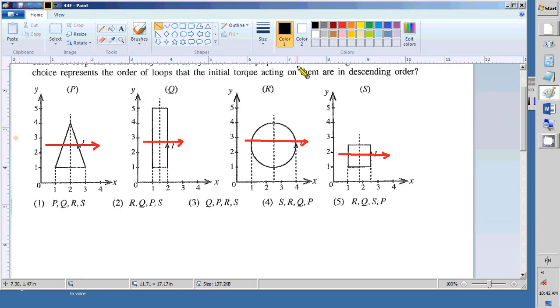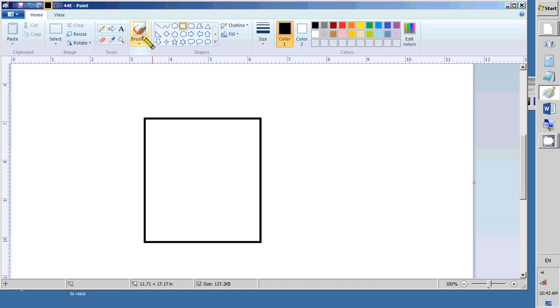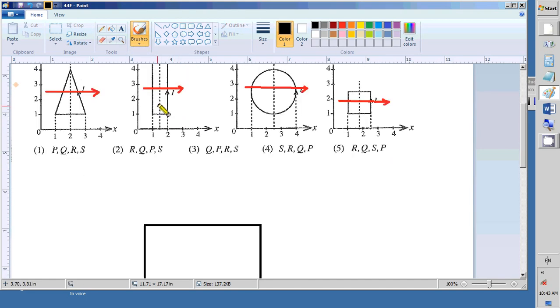So now let's try to solve this question. I have to redraw this frame a little bit larger because I have to write a lot of things inside this. There's not enough room. So imagine that the loop is this one.